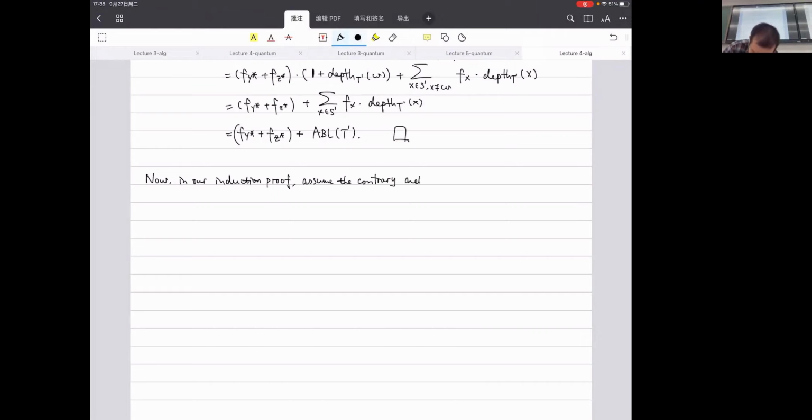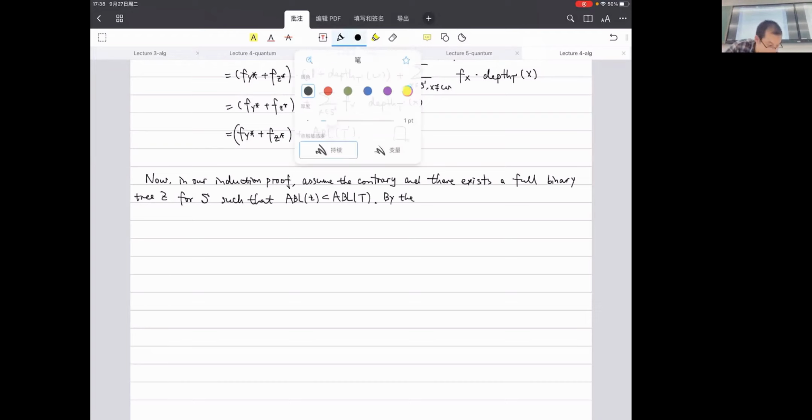Then there exists a full binary tree, let's say a full binary tree Z for the alphabet S, such that its ABL is smaller. So here is a place where we want to utilize the structure, and the thing we are going to use is this lock-them-together property.